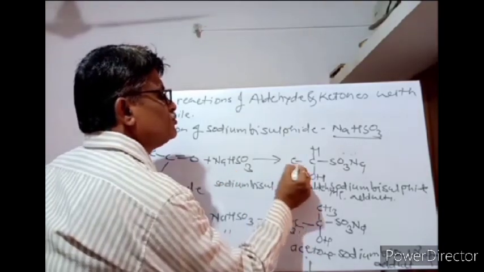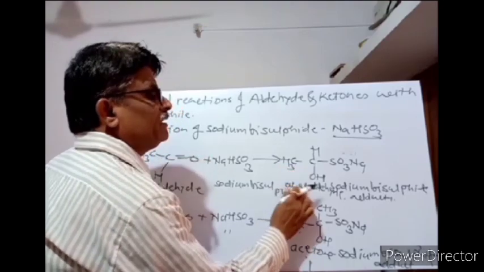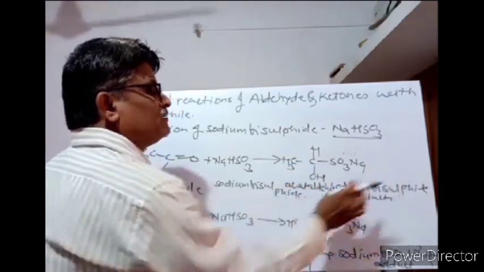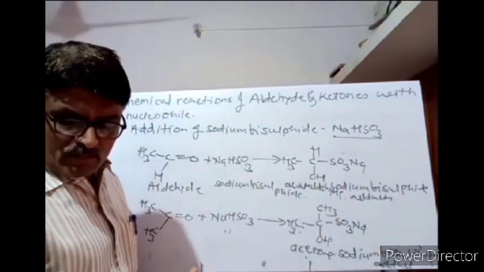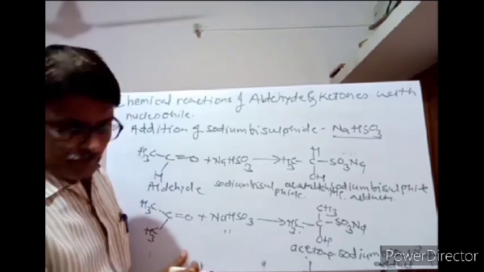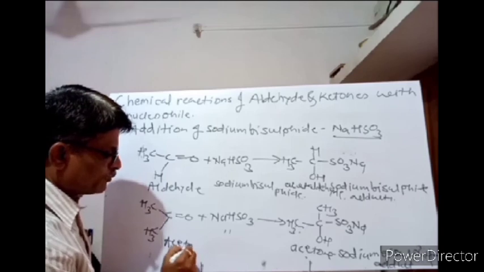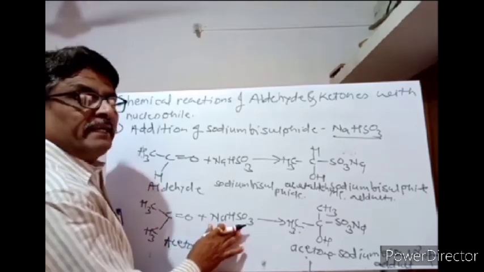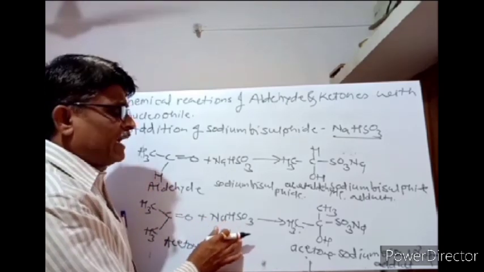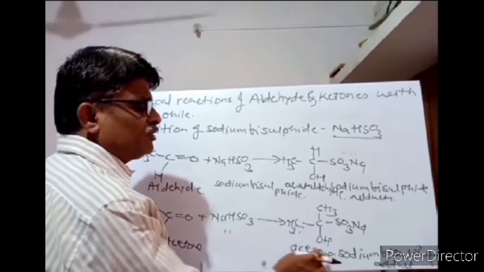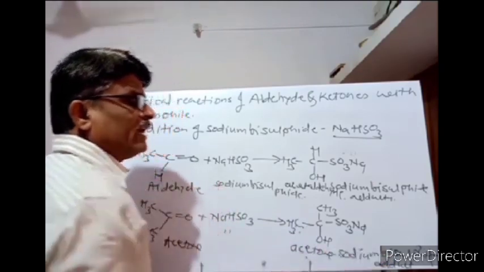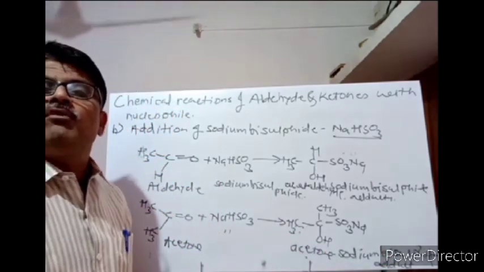on addition it gives an acetaldehyde sodium bisulfite adduct like this. And another one is with acetone, sodium bisulfite is added, and formation of acetone sodium bisulfite adduct is formed.